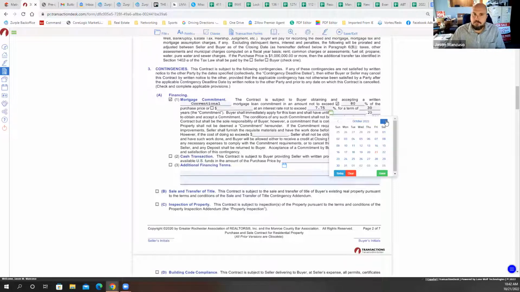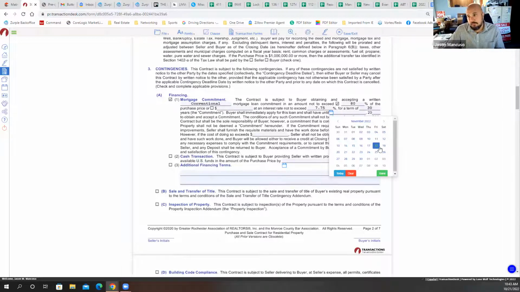But the reality is a mortgage commitment is filled once the bank approves the loan and also the appraisal is done and passes. So the bank may be able to approve their side of things very quickly, but oftentimes the appraisal is what's going to be the hang-up. So the general rule of thumb is 30 days or less.